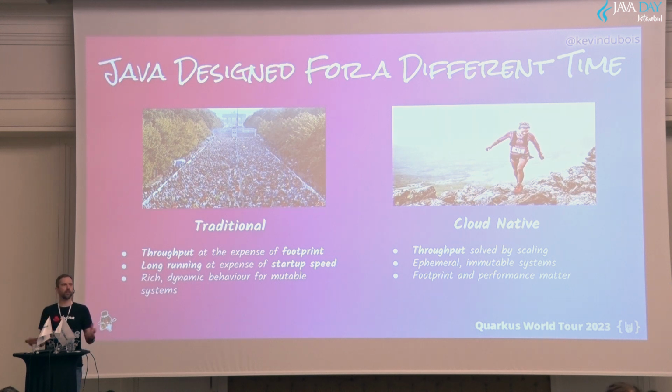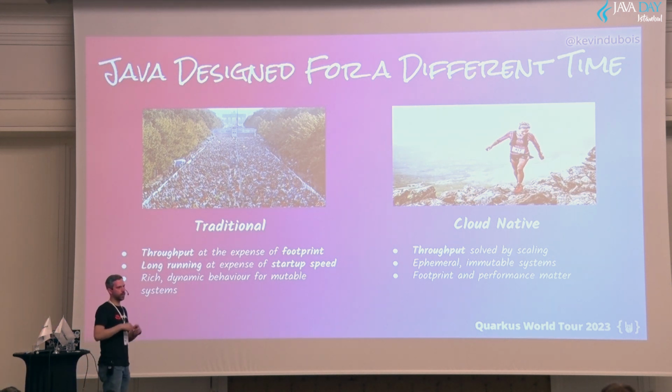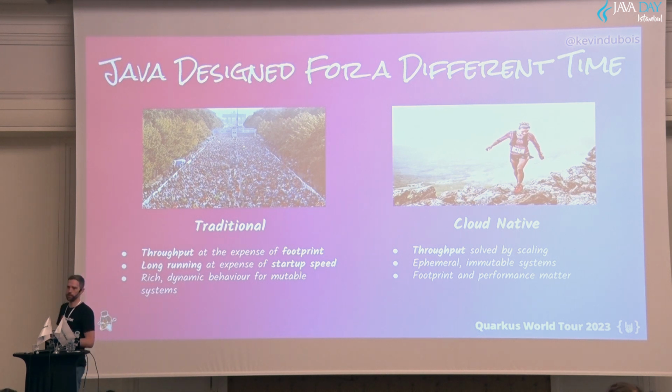And the whole point was to keep them running very long, very stable, and then, with dynamic behaviors, you add new features or optimize it. But that's not really ideal for cloud native. Cloud native, the whole idea is that your throughput is solved by scaling, right, to create more instances of your application using containers.